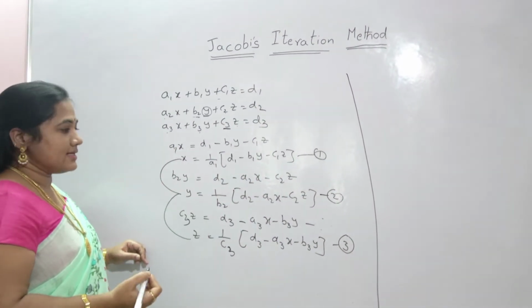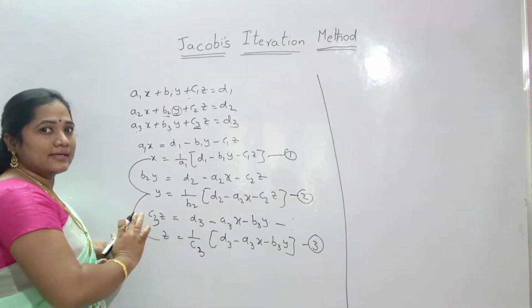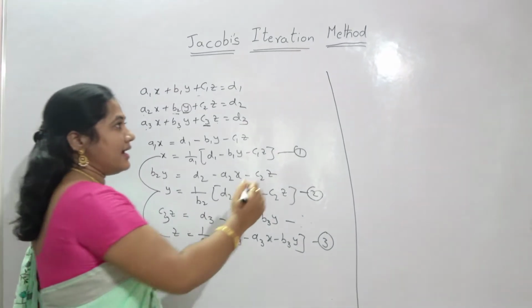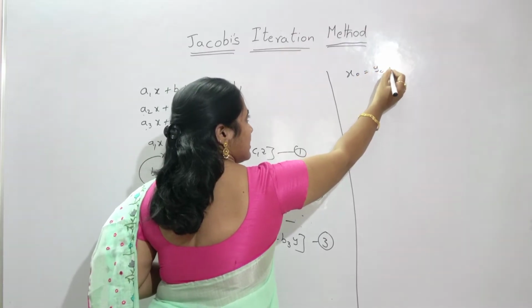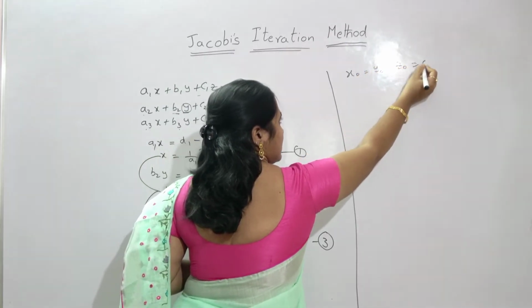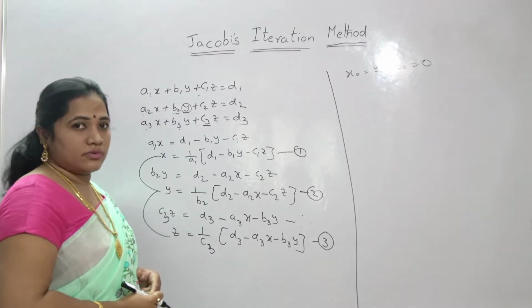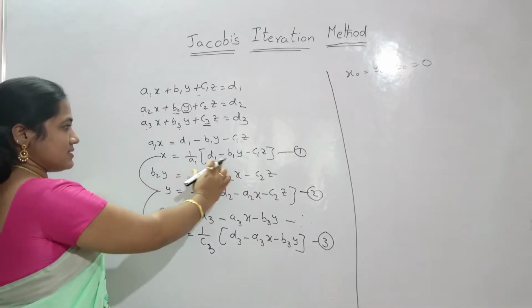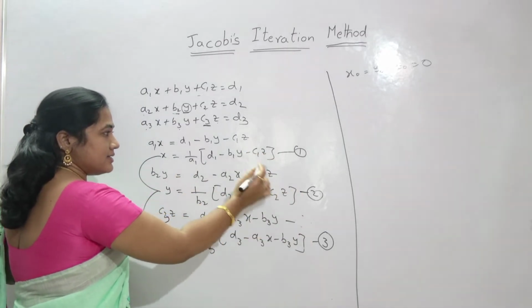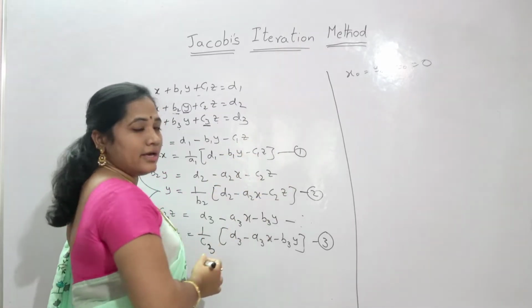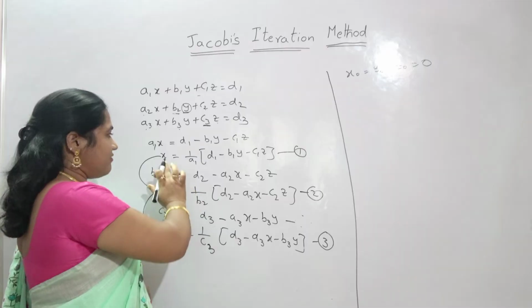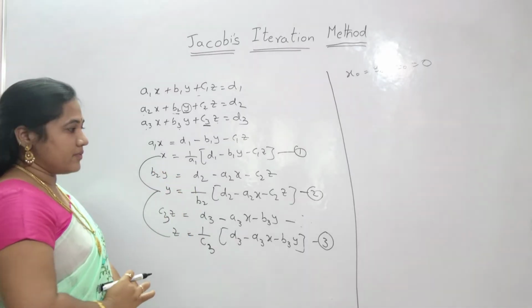Now in the second step, put the initial values x naught, y naught and z naught equal to 0. In equations 1, 2, 3, substitute the y value and z value equal to 0 and find the x1 value.